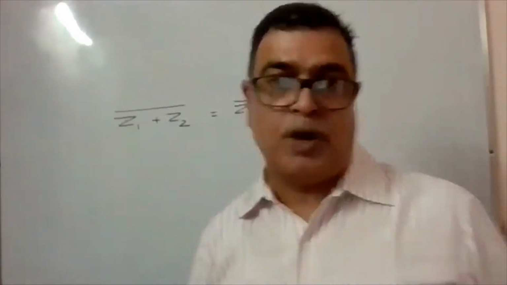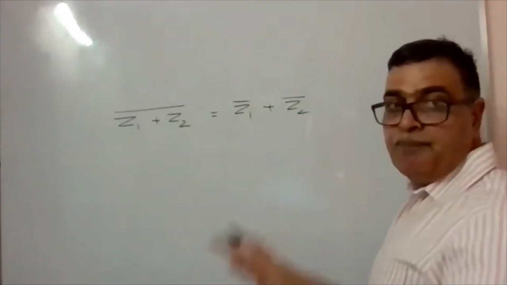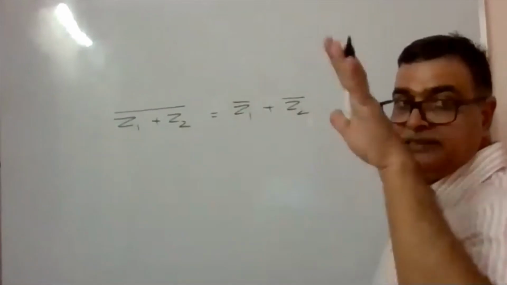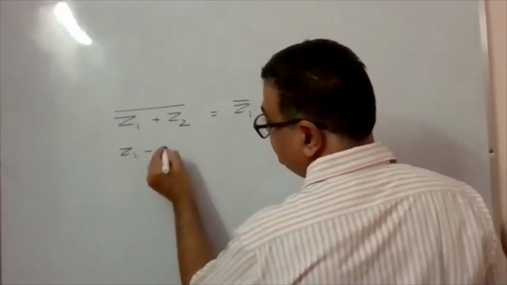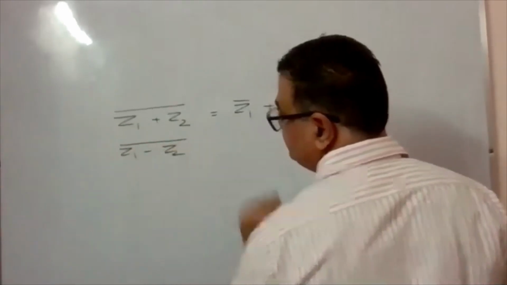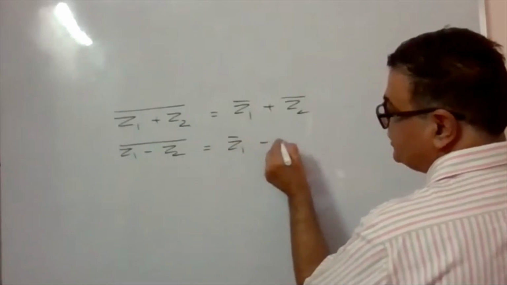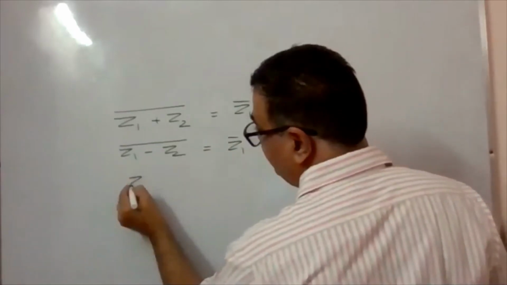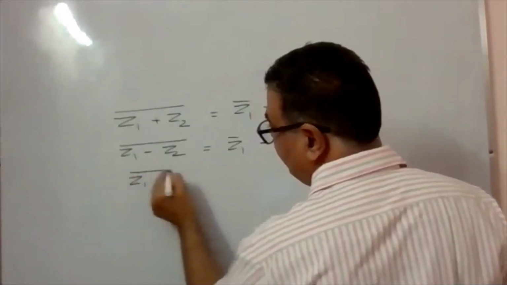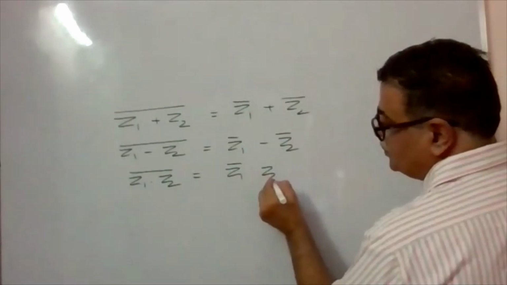Now we have the next property. The same property applies to difference, multiplication and division. Z1 minus Z2 whole bar will be Z1 bar minus Z2 bar. Same way, if I multiply the two and take the bar, it will be Z1 bar into Z2 bar.